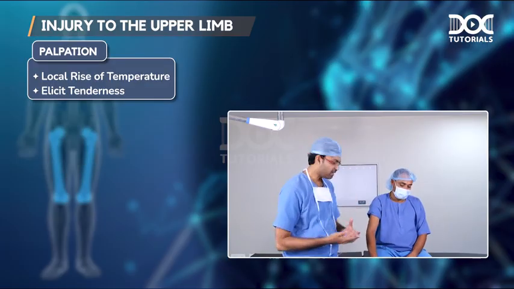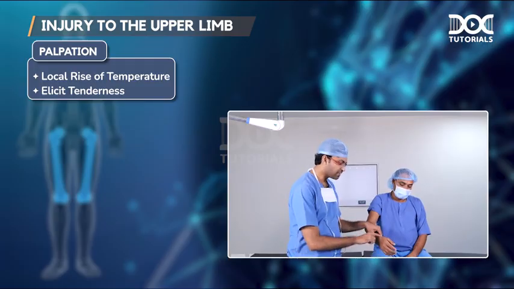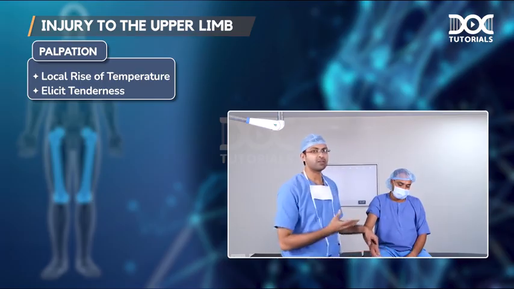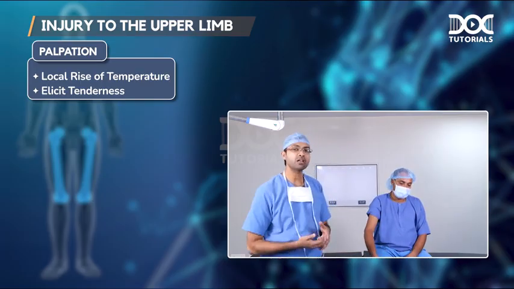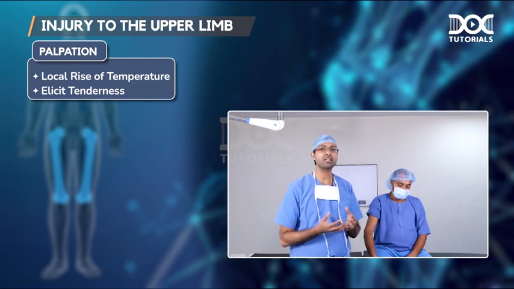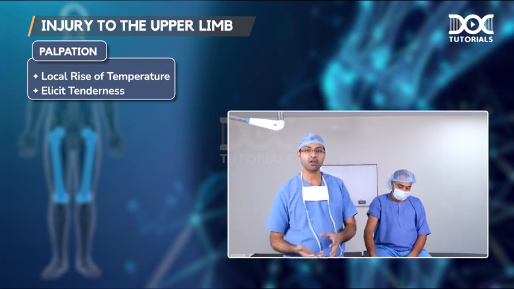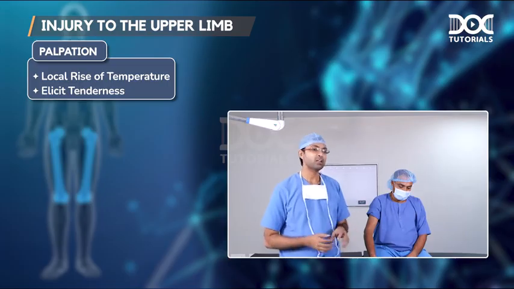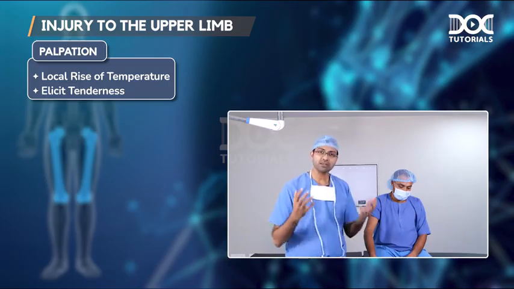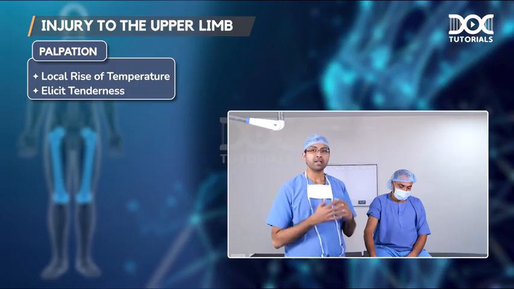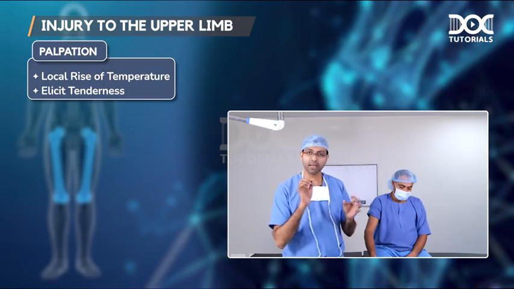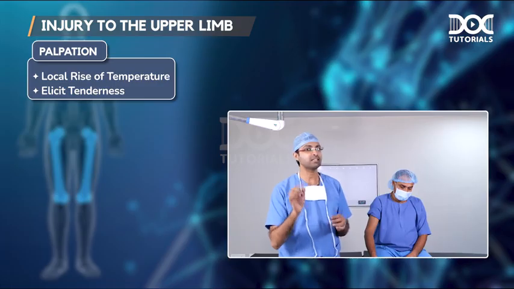If you were checking the wrist, you can look for the tenderness around the radial styloid, the ulnar styloid, the anatomical snuff box, etc. If you are checking the lower limb around the knee, you have to palpate for tenderness around the medial and the lateral femoral condyle, and also the medial and lateral tibial condyle and the fibular head. So whichever joint or whichever area you are examining or palpating, you have to modify the points of palpation that you will do for eliciting tenderness.